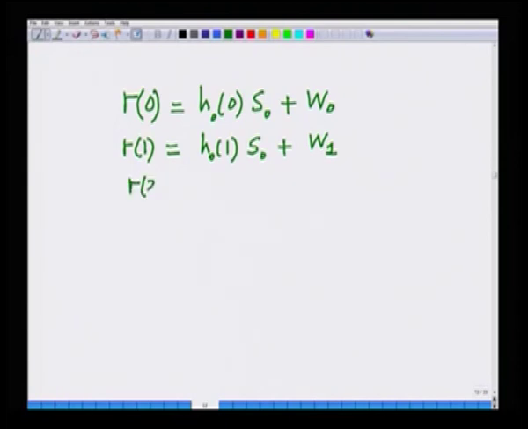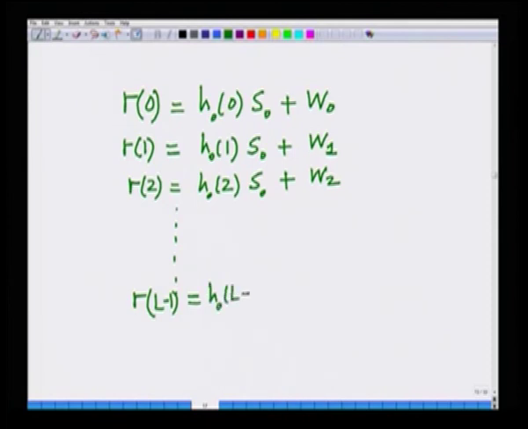R 2 is H 0 2 S 0 plus W 2 corresponding to decorrelation with C 0 m minus 2, and so on. This is R of L minus 1, which is equal to H 0 L minus 1 S 0 plus W L minus 1.